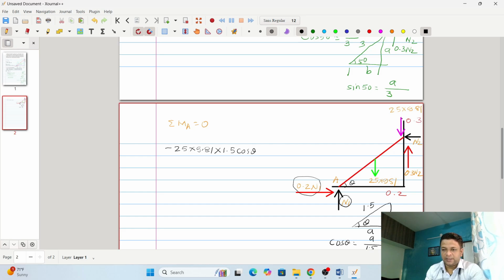Okay, then we'll consider the person. This person is moving in the downward direction, so it will also create a clockwise moment. So its value will be minus 60 into 9.81. The weight of the person is 60, not 25. Now consider this big triangle here.